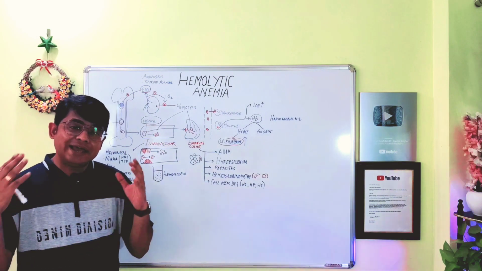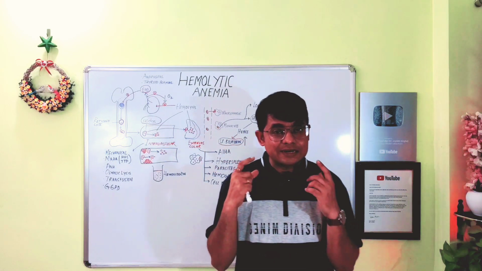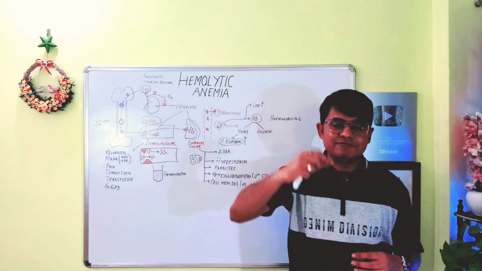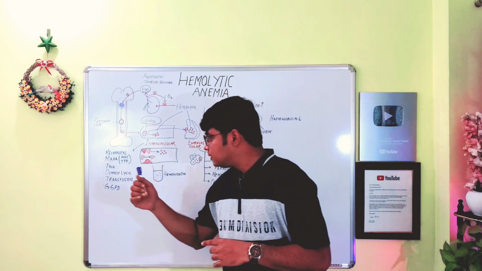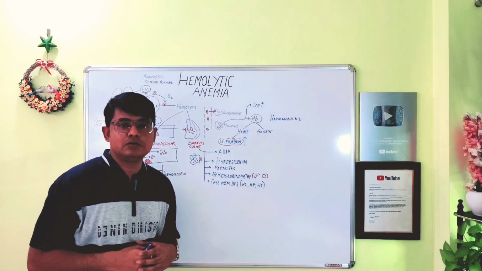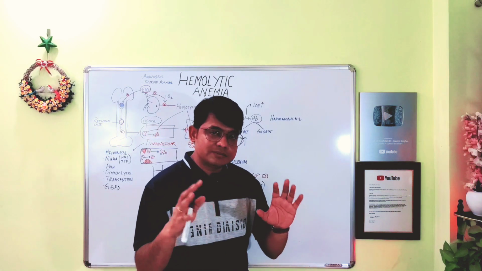This enzyme helps to neutralize the free radicals that are produced within the RBCs. When this enzyme is deficient, that means the G6PD enzyme is not in adequate amount, then there will be lysis of RBCs in any kind of stress.